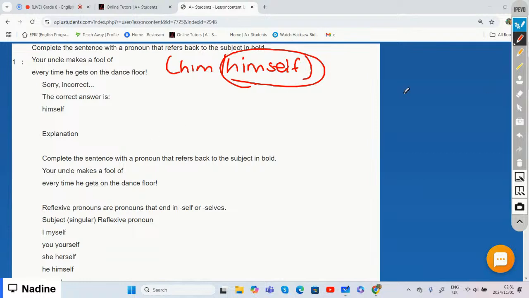All right. So we need to keep in mind that our reflexive pronoun is to refer back to the subject, whether it is a singular subject or a plural subject. If it refers to anybody else or anything else, then it now becomes a personal pronoun.